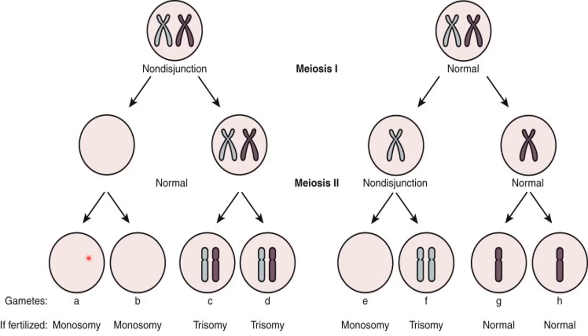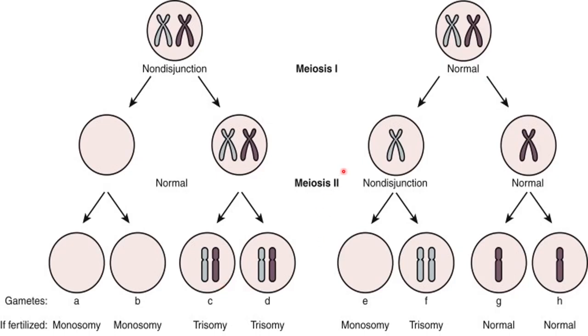That's why these cells will have a lesser number of chromosomes, and this condition is called monosomy. On the other hand, these cells will have an extra copy of the chromosome, and the condition is called trisomy. Gametes are formed by meiosis division, so these four are gametes. Like this, gametes with monosomy or trisomy conditions are developed.